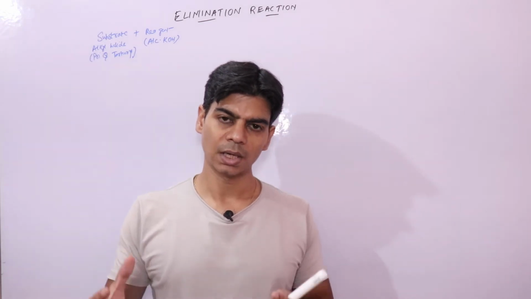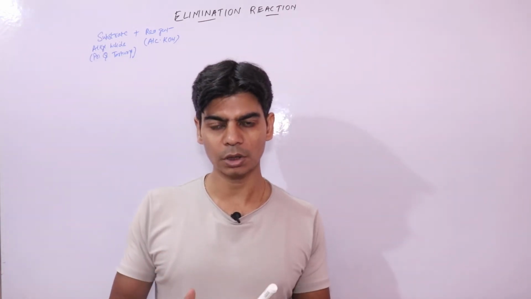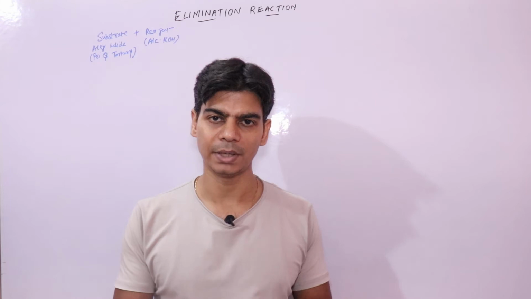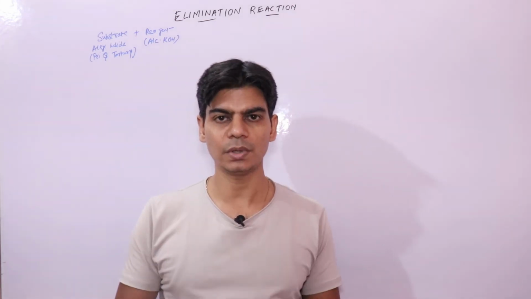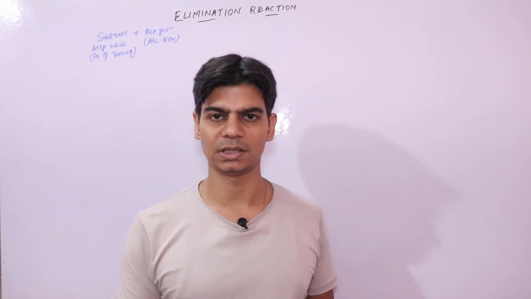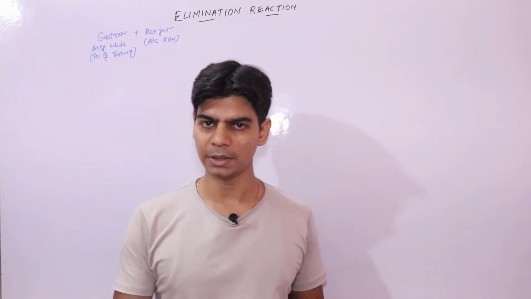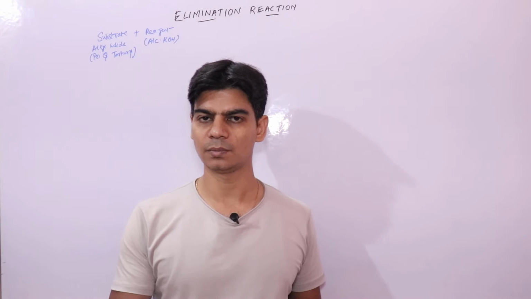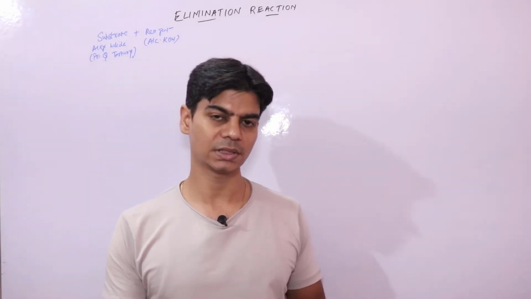So just notice what all changes are happening when a saturated compound changes into an unsaturated compound, with respect to hybridization and with respect to bonding. Here a single bonded molecule gets converted into a double bonded molecule.